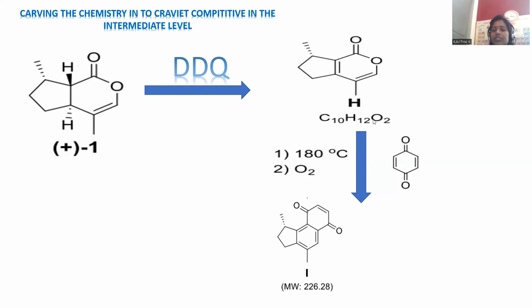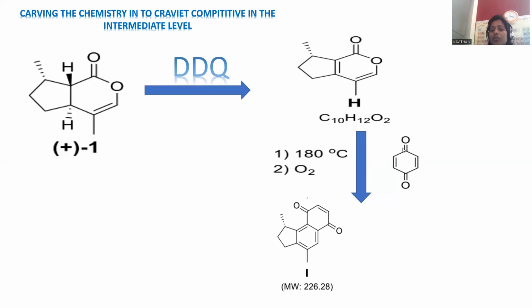So that is C10H12O2. And whenever 180 degrees heating, 180 degrees heating gives rise to decarboxylation. You can remove the carbon dioxide from this molecule so that it will turn into a butadiene system. 1,3-butadiene open molecule will be generated.